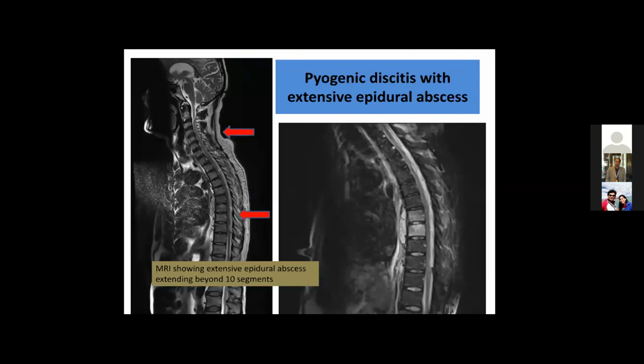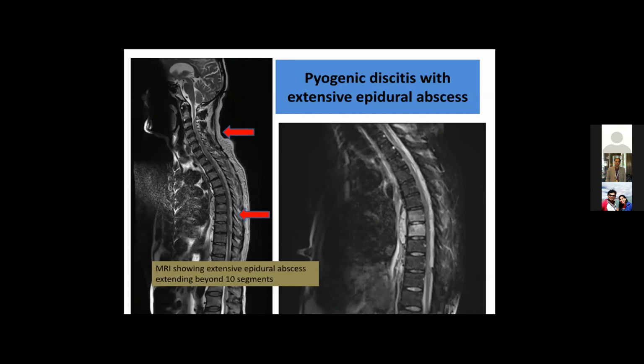This was a rather interesting case. A 70-year-old male presented to us with acute onset pain with features of septicemia and progressing neurological deficit. MRI showed the infective focus at the T8, T9 level, and there was an extensive epidural abscess starting from C3 extending up to the thoracolumbar junction. More than 10 segments were involved in the epidural abscess.